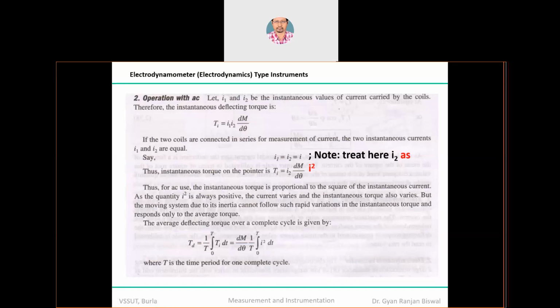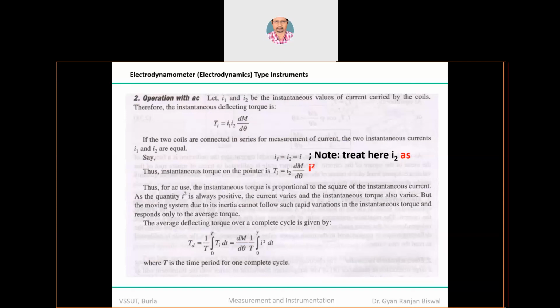That is the reason you cannot measure the instantaneous torque variation. What you can measure is the average of the variation in the torque. I repeat, the inertia has a limitation. The current signal can change very rapidly, but the mechanical change cannot.